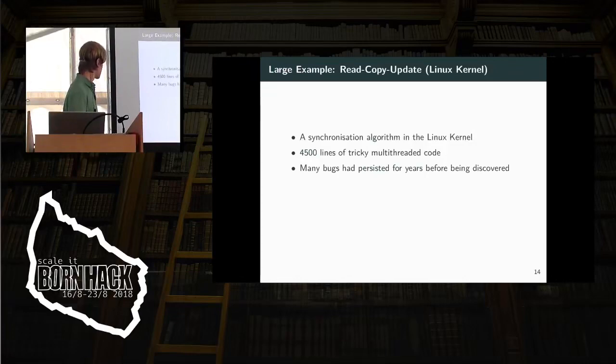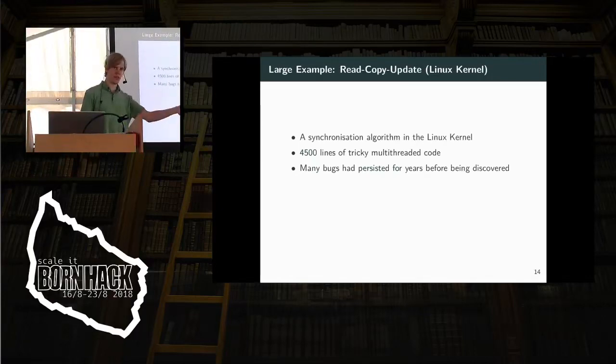Okay, so I promised you a larger example. There is this synchronization algorithm in the Linux kernel called read copy update, which lets you do atomic updates on arbitrarily large data structures by doing a pointer exchange, and then it has some mechanism to make sure that you are not freeing the old copy of the data structure until all readers have disappeared.